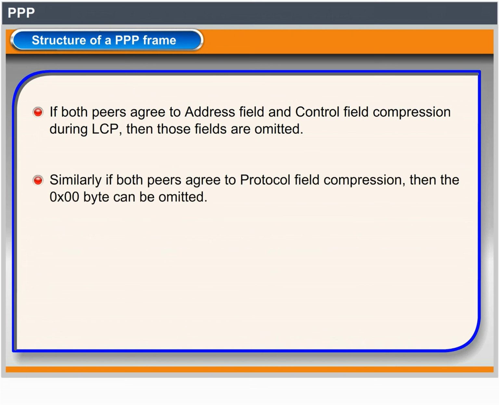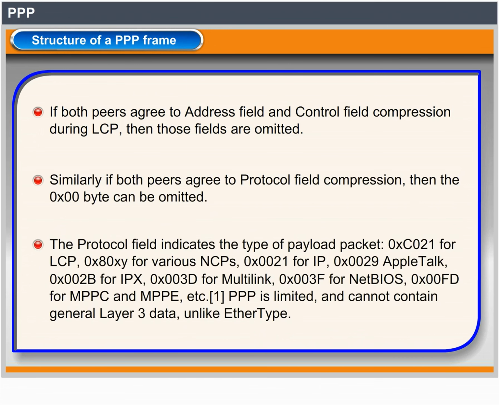The protocol field indicates the type of payload packet, that is 0xC021 for LCP, 0x80XY for various NCPs, 0x0021 for IP, 0x0029 for AppleTalk, 0x002B for IPX, 0x003D for multi-link, 0x003F for NetBIOS, 0x00FD for MPPC and MPPE, etc.